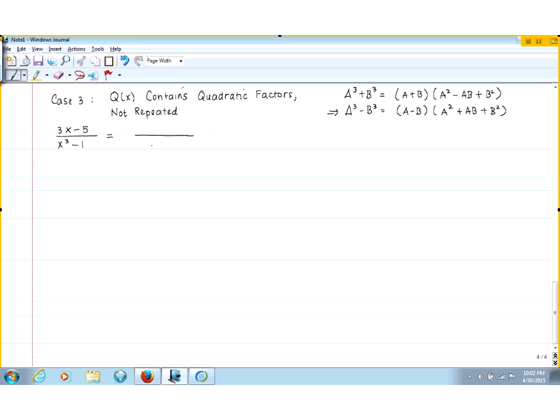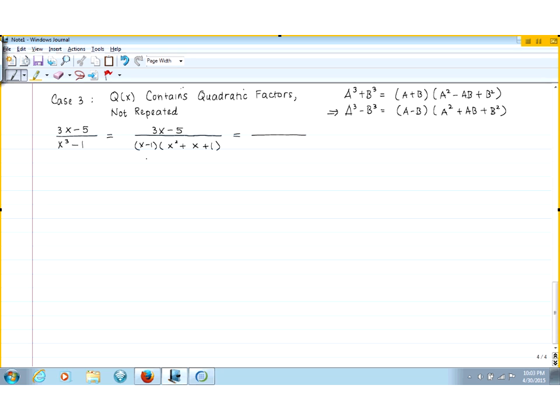When I factor this, it's going to be x minus 1, multiplied by x squared plus x plus b squared, so 1 squared is plus 1. So this is 3x minus 5 over that.